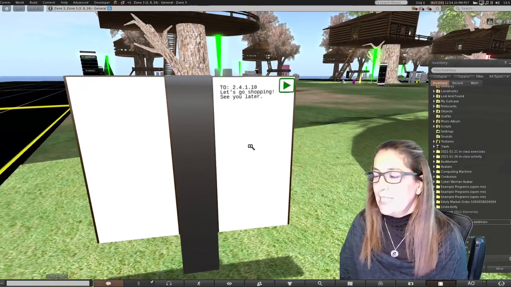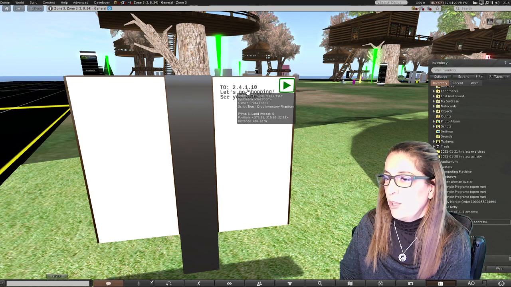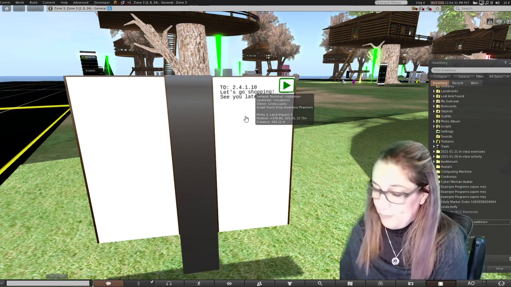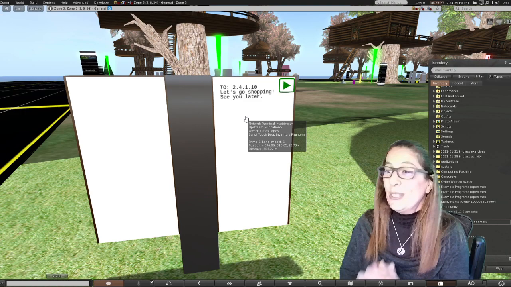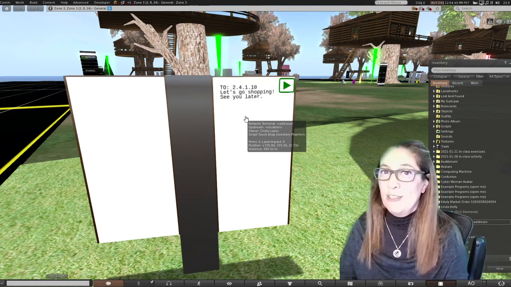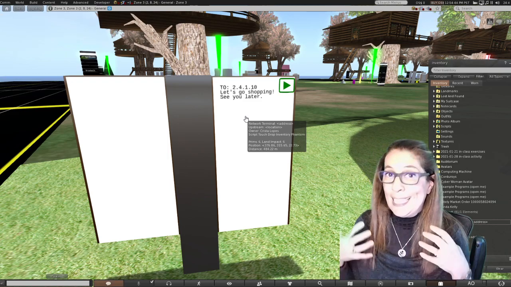Okay, a message has loaded that is addressed to terminal 2.4.1.10, and this leads me to explain. I hope that you all have looked into the videos on the internet. All of the nodes of the internet, as well as the nodes of this simulated internet, are identified by a number.